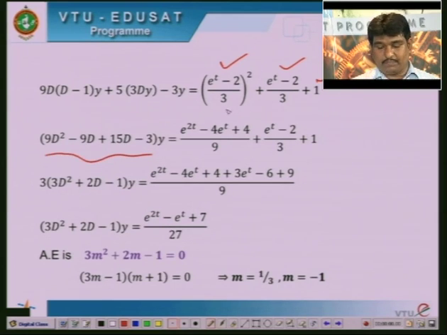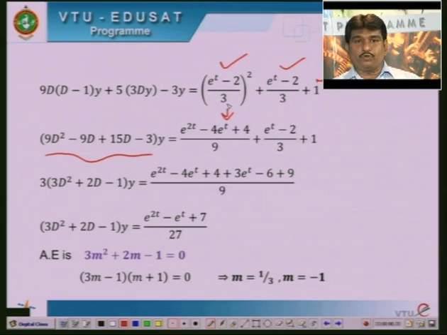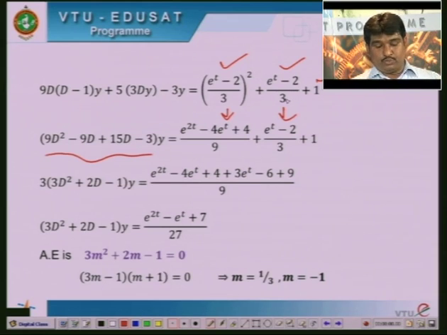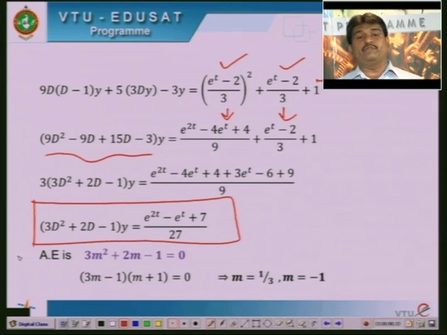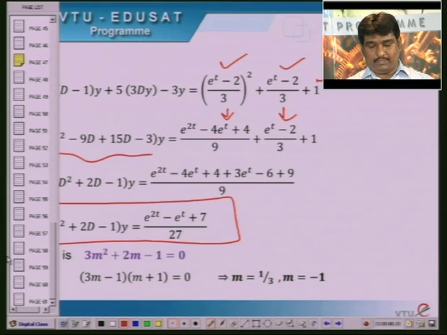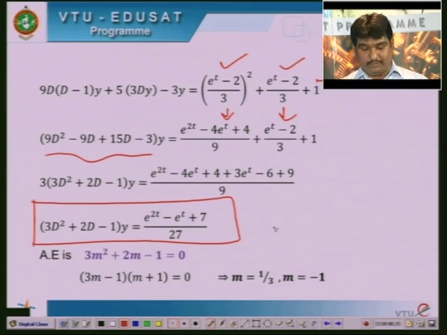You expand this to get (e to the power of 2t minus 4 e to the power of t plus 4) divided by 9, plus (e to the power of t minus 2) by 3 as it is, 1 as it is. You take 3 common here and simplify to get this equation, (3D square plus 2D minus 1) of y equals (e to the power of 2t minus e to the power of t plus 7) divided by 27.